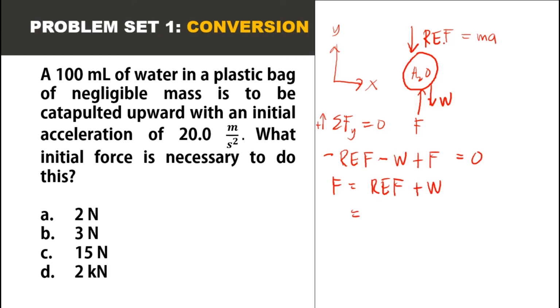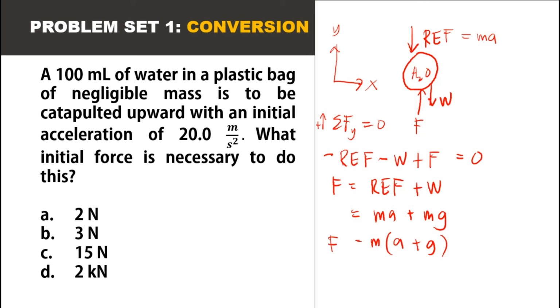REF is mass times acceleration, and the weight is mass times the acceleration due to gravity. So we can factor out mass times the quantity, acceleration plus the acceleration due to gravity. So that is our force. The acceleration due to gravity is 9.80665 meters per second squared.